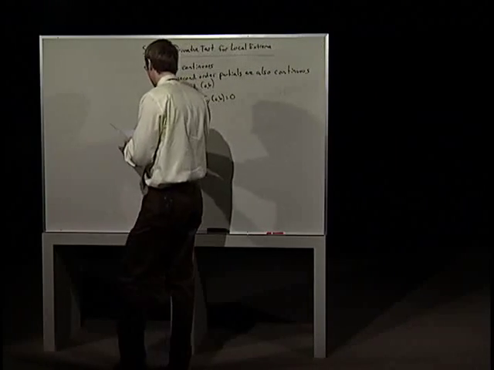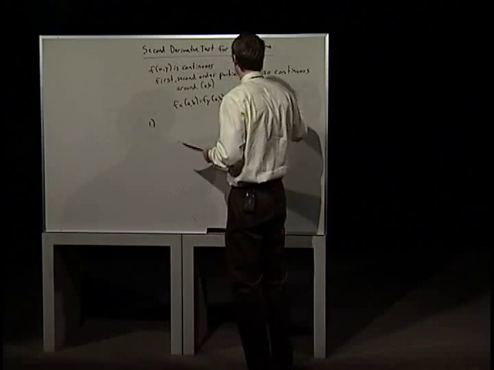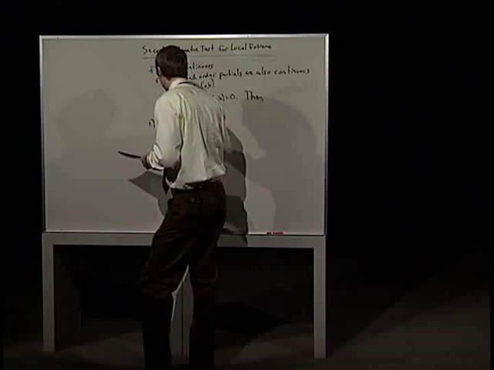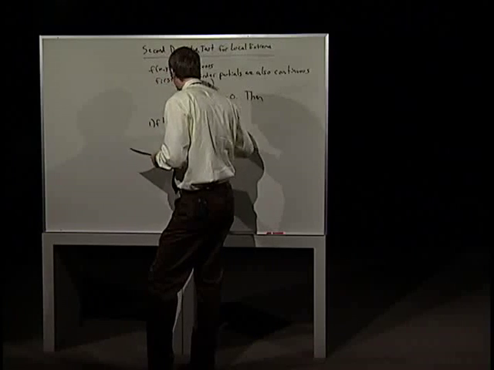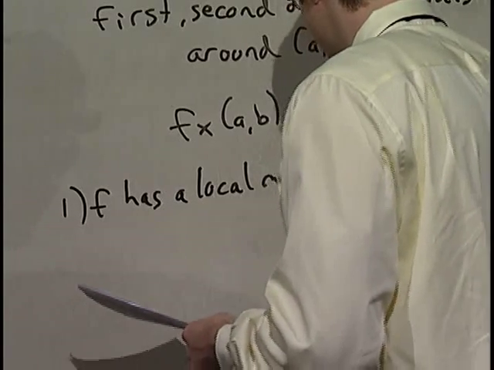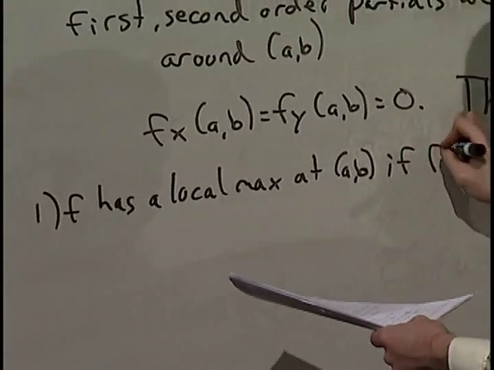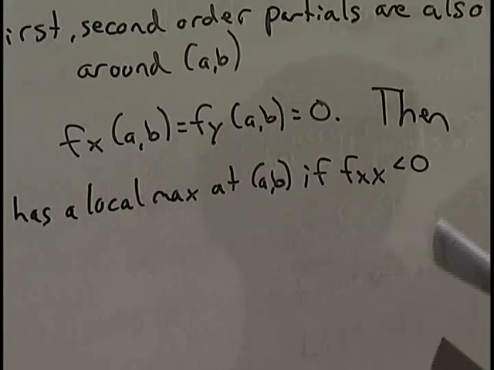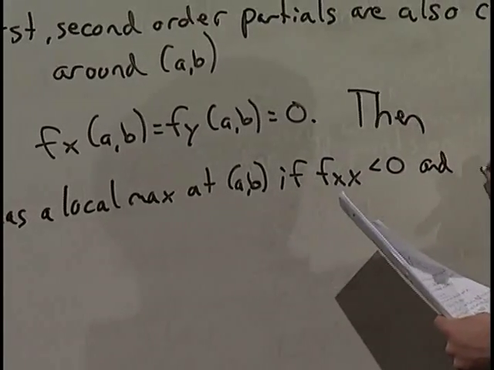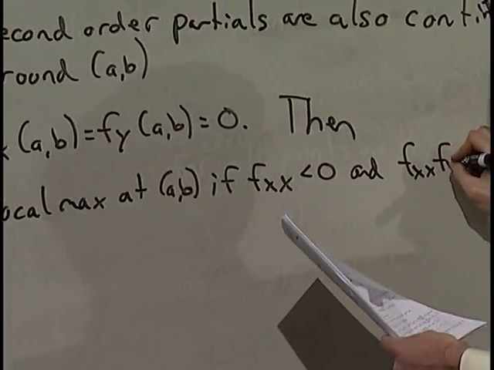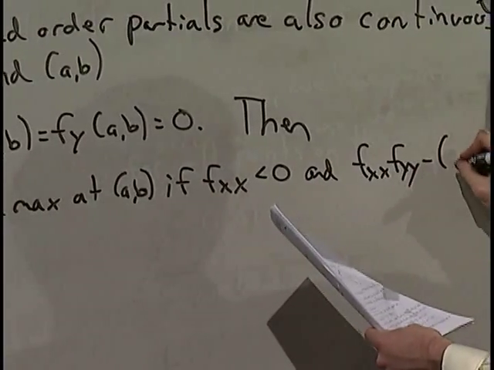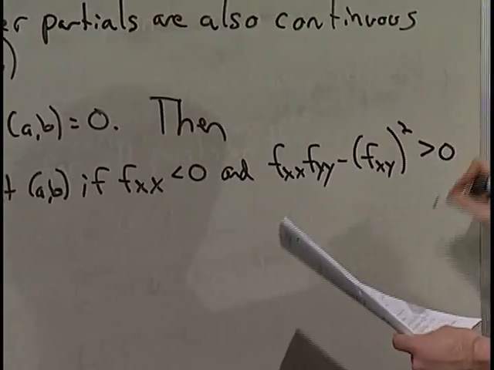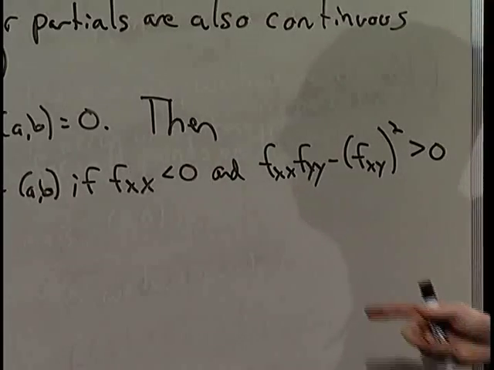Okay, well, here's the test. So I should say then the following results hold, okay? F has a local max at AB if what? If the second order partial in the x direction, f double x, is less than 0, and this crazy quantity, f double x, f double y minus f xy squared is greater than 0, at AB.